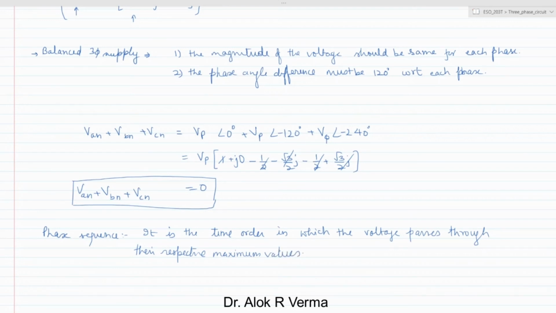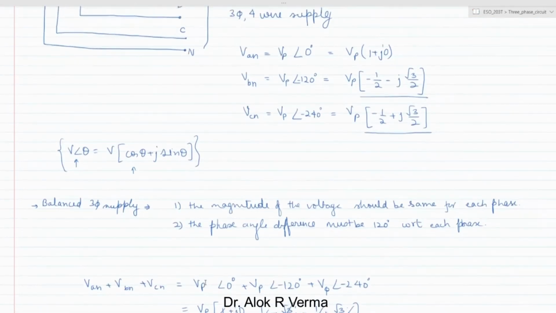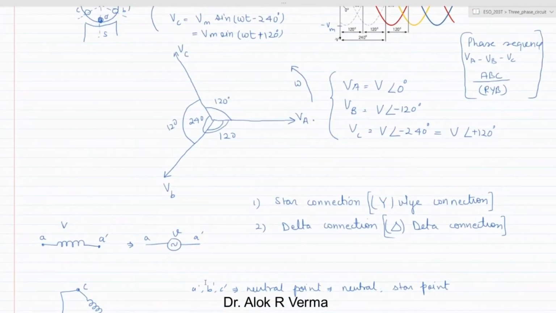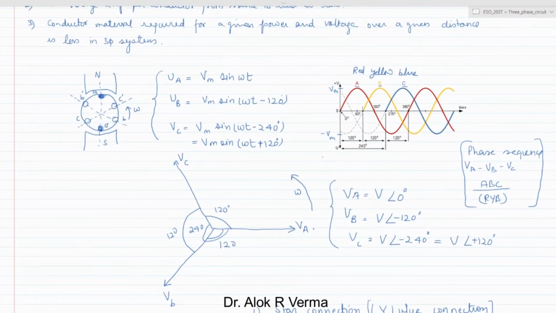So if it rotates in the opposite direction, here also you can see, after phase A, phase B is passing its maximum value, then phase C is passing its maximum value, and again phase A turns up at its maximum value. So this is A, B, C, again A, B, C, and like this it will keep on happening.